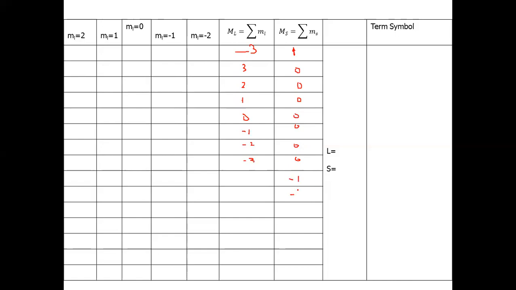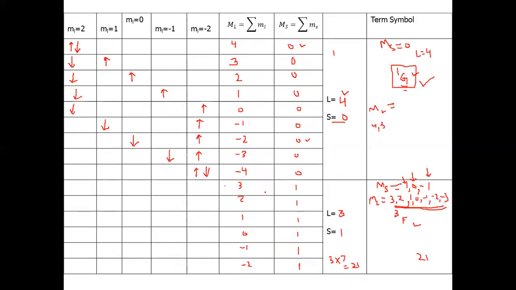That's how we arrange these in groups so that we can get the desired microstates. So 7 values of minus 1 and ML again can have values 3, 2, 1, 0, minus 1, minus 2, minus 3. Now let us try to find the microstates which correspond to these values.